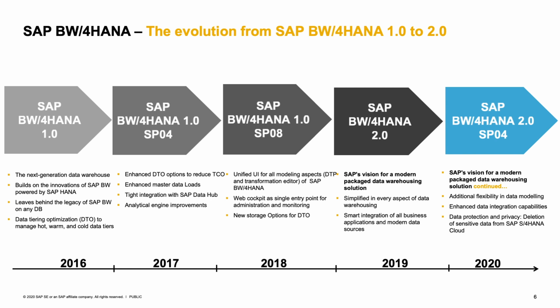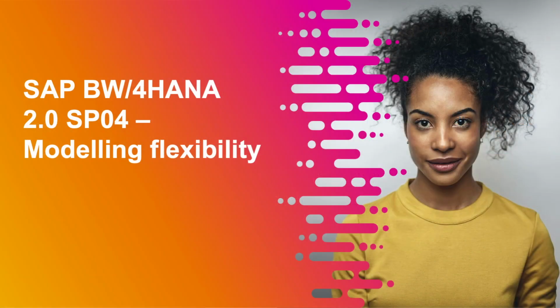However, now with support package 4, which we launched mid of the year, we added further, quite interesting capabilities, so that today we can really say that with SAP BW for HANA 2.0, we have a modern enterprise data warehouse solution available, which helps a lot to implement your version of a modern data warehousing environment.